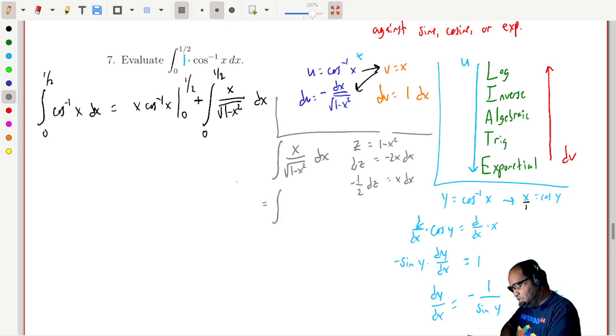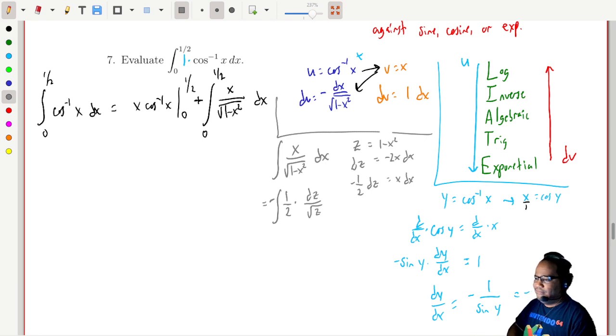So our integrand is transformed into minus 1/2, times, well, x dx is dz, over square root of z. We know how to handle that. That's just power rule, right?